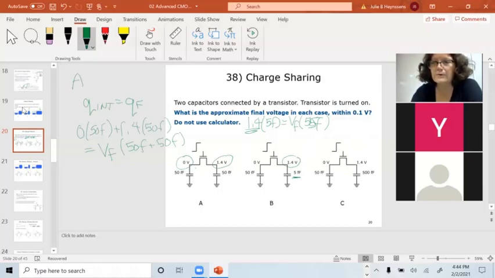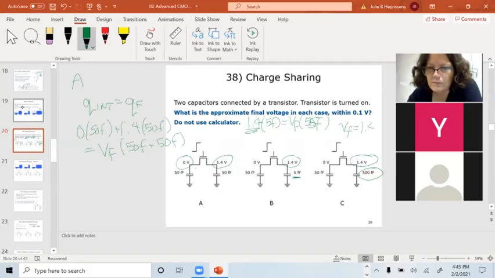We'll call it 0.14 volts. We'll round to tenths. If I take that same charge right here, but I charge up a bigger capacitor, my final voltage is going to be my initial voltage, 1.4, times the capacitance I had the charge on, divided by the sum of the two. We can see the pattern. So now my final voltage is going to be a lot higher.